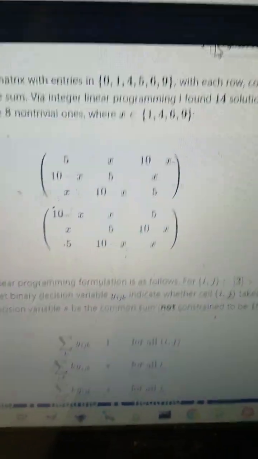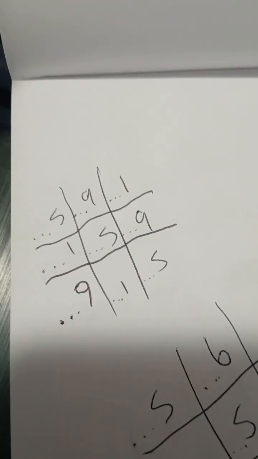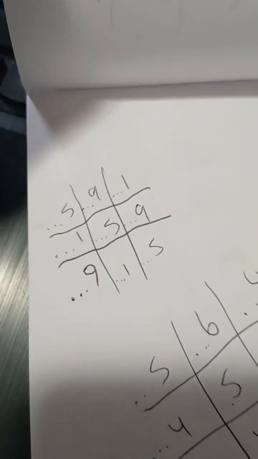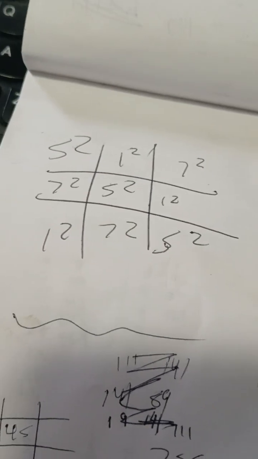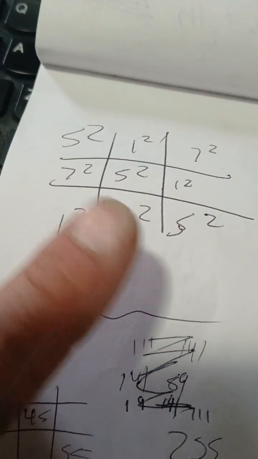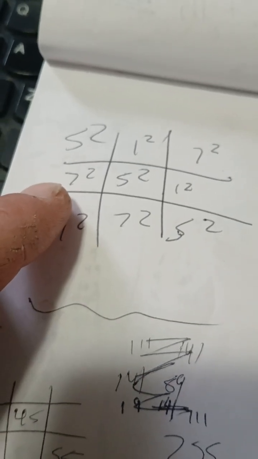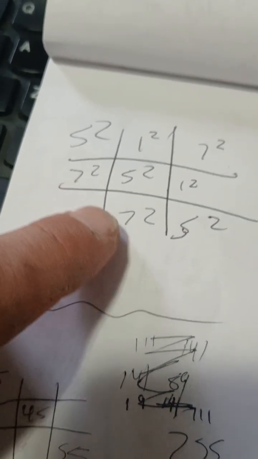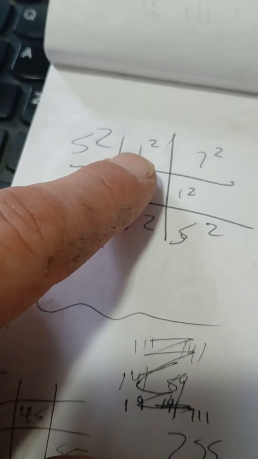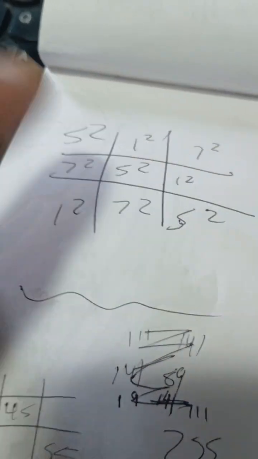Keep that in mind. But again, if we take this pattern here, let's see what that would look like. Well, you could do 5 squared, 5 squared, and 5 squared as the diagonals, and then you could do 1 squared. 7 squared ends in a 9, so that's how it's going: 1, 9, 9, 9, 9, 1, kind of deal, where it's the same as the other one here.